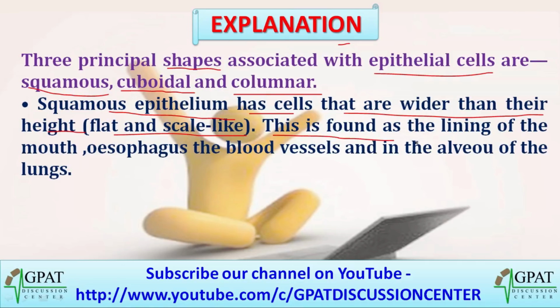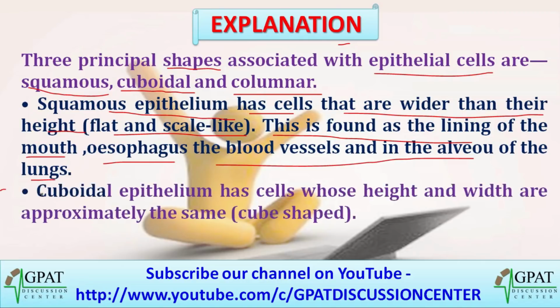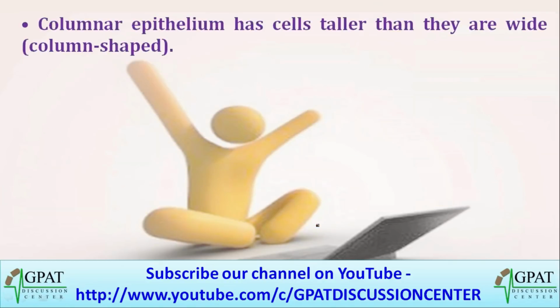This is found as the lining of the mouth, esophagus, blood vessels and the alveoli of the lungs. In comparison, the cuboidal epithelium has cells whose height and width are approximately the same, that is cube shaped. And the columnar epithelium has cells taller than they are wide, that is column shaped.